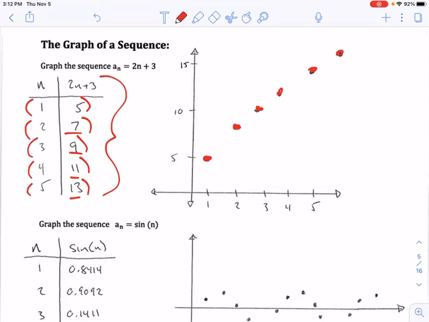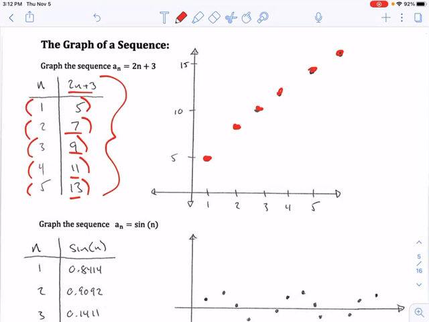That's the important thing here. And that's supposed to be a straight line, because 2n plus 3 is clearly a straight line. But we do not fill in, we do not draw a line between the points, because it is discrete. Right? And that is the important part about graphing a sequence.